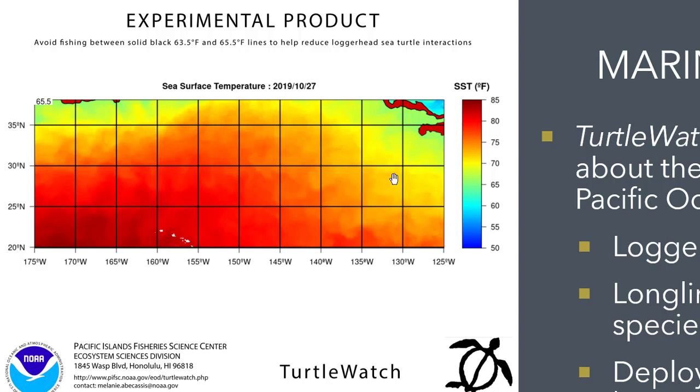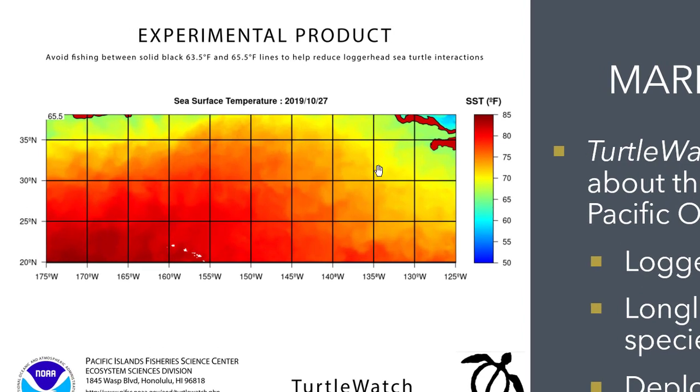The red areas are not usually favorable because they are warmer, but as we look at the slightly green, lemon green, darker green and then blue areas, those areas are likely to have presence of loggerhead sea turtles. So we expect that those long-line fishing vessels will not be fishing around these areas.